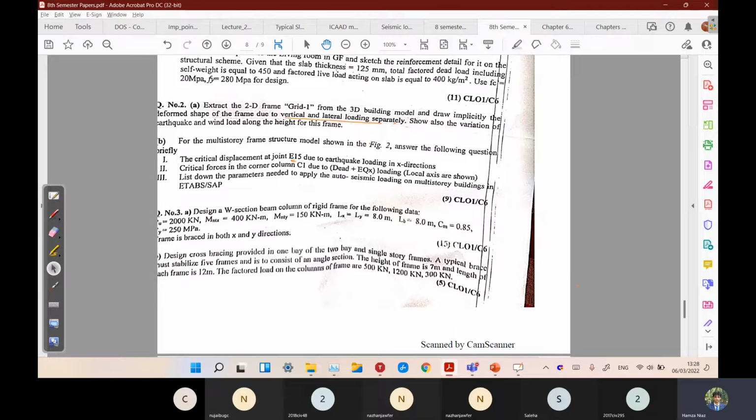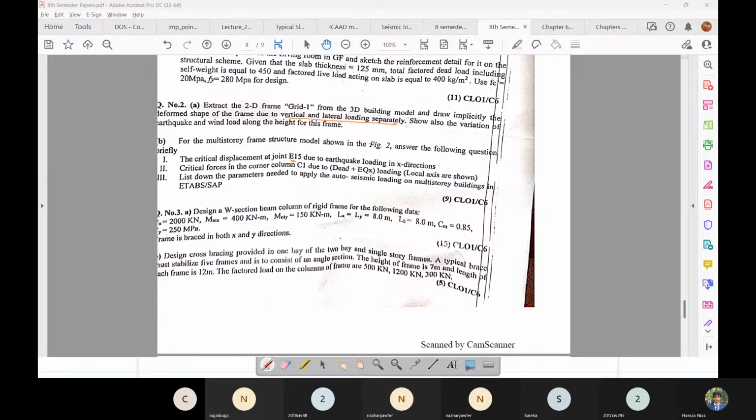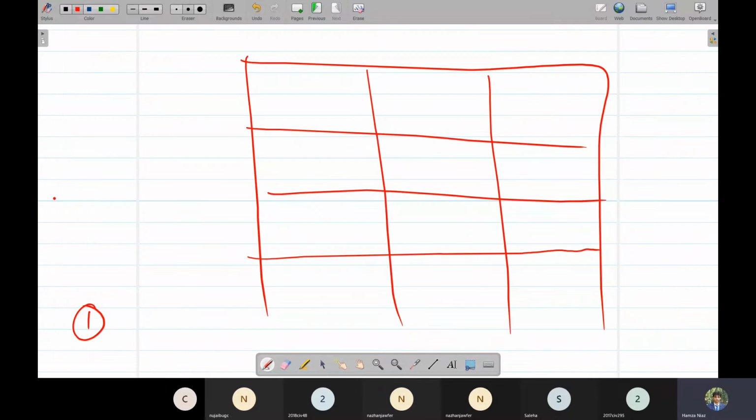Deformed shape due to vertical and lateral loads separately. So our deformed shape would be something like this. We will have some deformed shape like this.